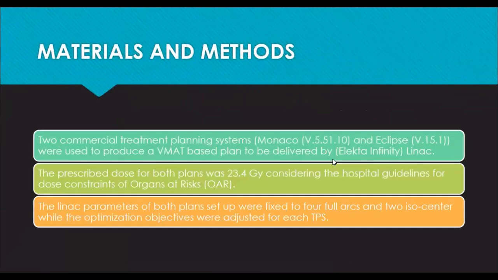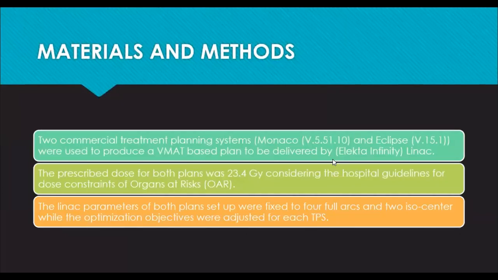To achieve this goal, we used Eclipse and Monaco TPS to produce VMAT-based plans to be delivered by Elekta Infinity Linac. Both plans have an identical prescribed dose of 23.4 gray, considering the hospital guidelines for dose constraints of organs at risk.